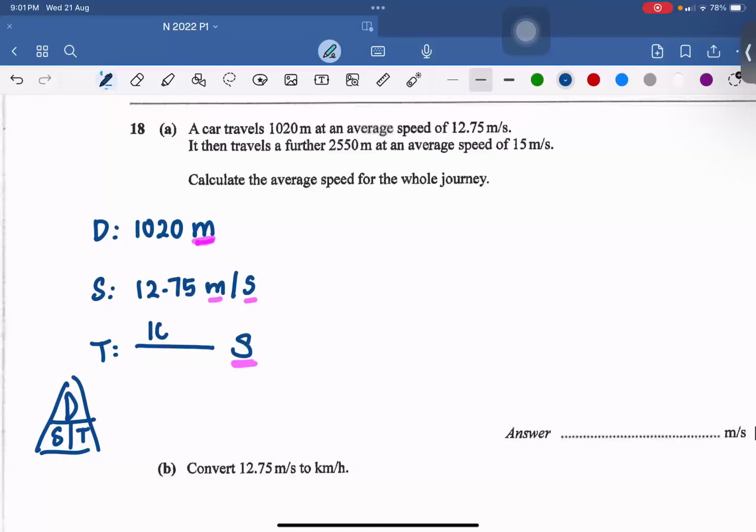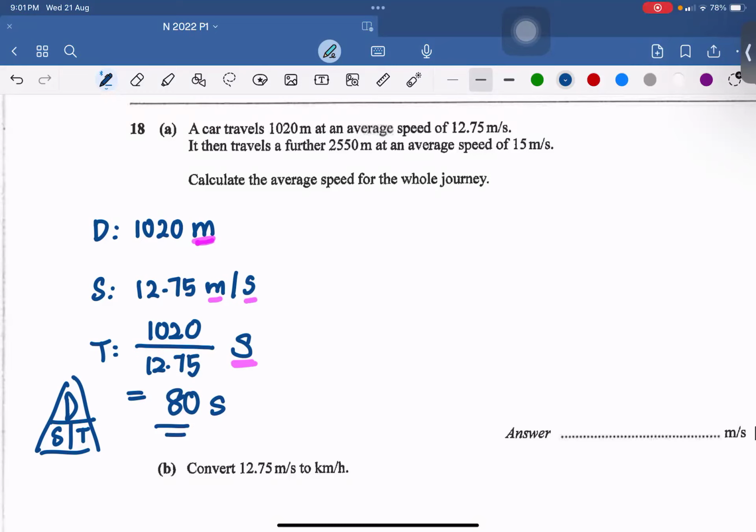So 1020 divided by 12.75. What is this speed? 12.75. I get 80 seconds. Why do I need to do this? Later I tell you. Okay, this is the first part.